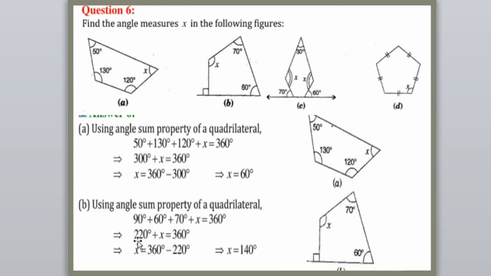Transfer this 220 degree to the other side to get the value of x. So x equals 360 degree minus 220 degree, and 360 minus 220 is 140. It means the measure of the unknown angle x is 140 degree.